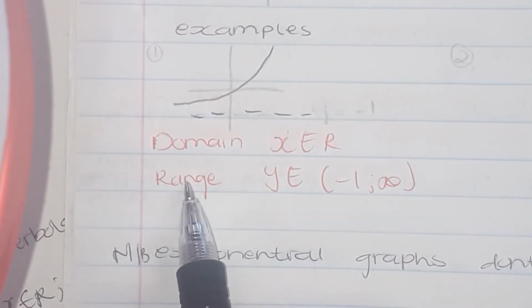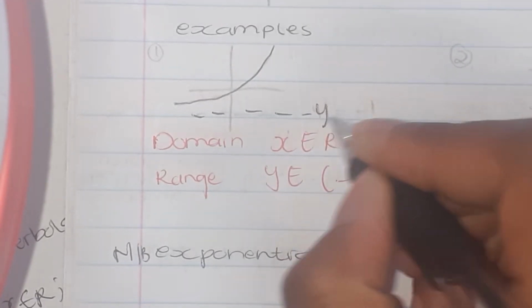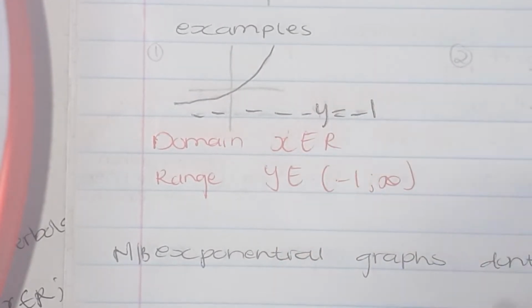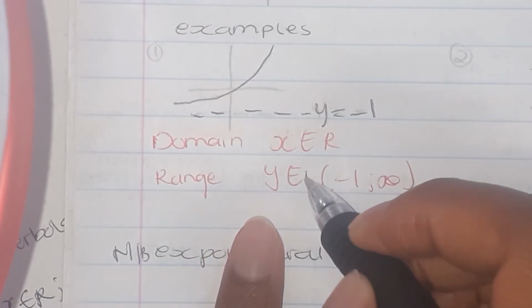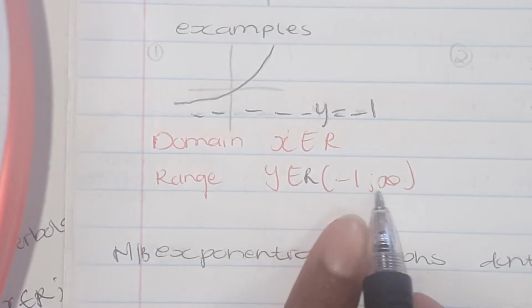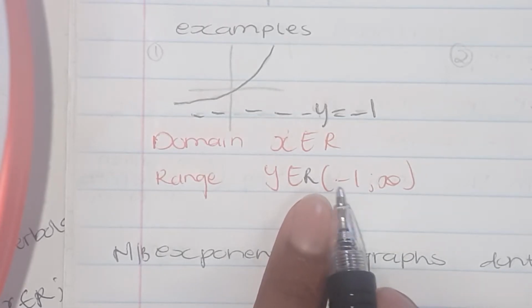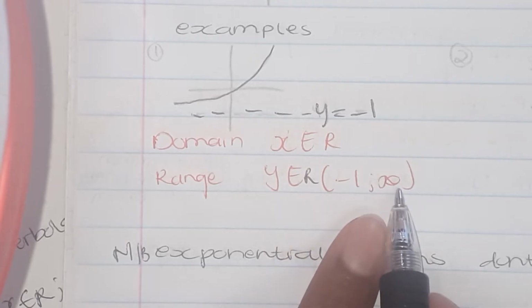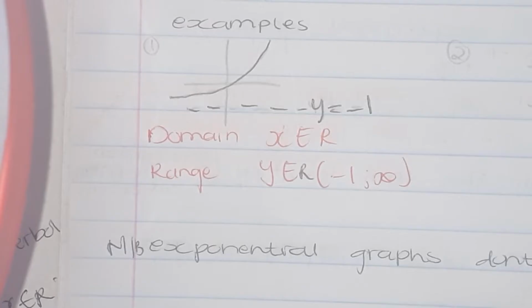You only have a range. And because this here is y equals -1, you say y is an element of a real number from -1 to positive infinity. If it was a +1, you would say -infinity to +1. So that is how you write the range.